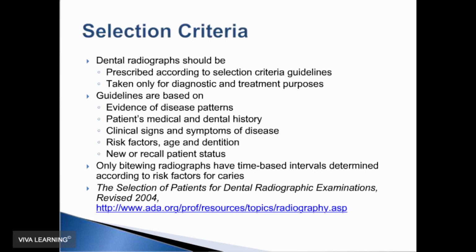Another factor in the guidelines is whether the patient is a new patient, someone we have not seen before, or a recall patient that is regular to our practice and we know a great deal about their oral condition and regularity in coming to the practice.